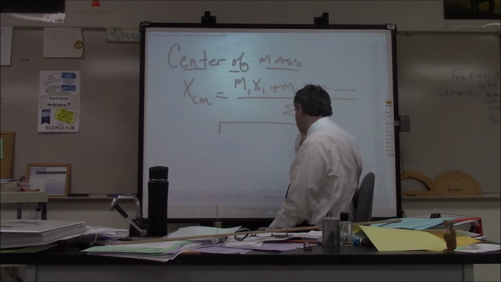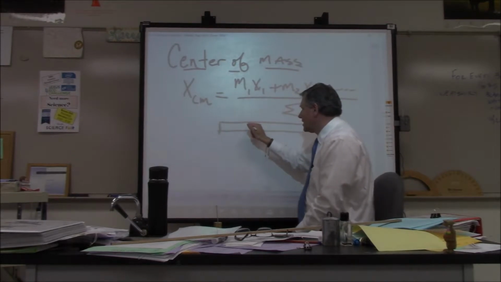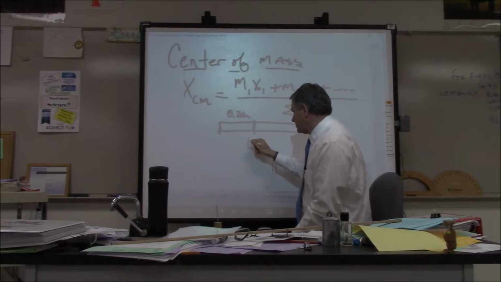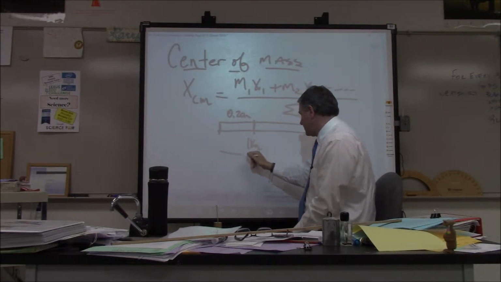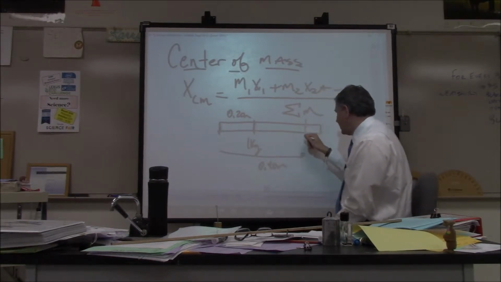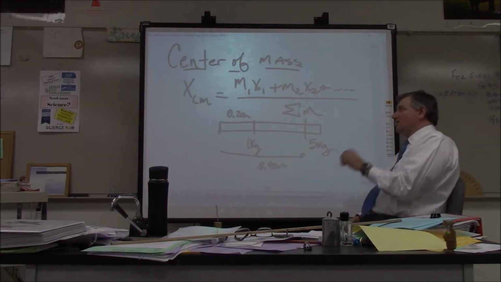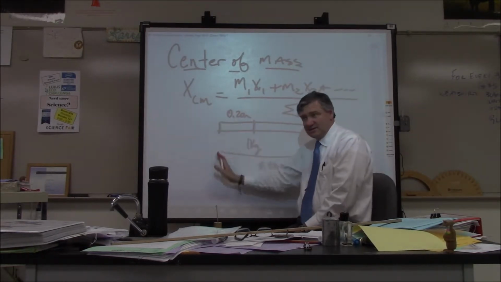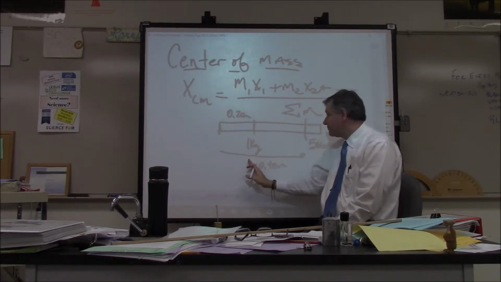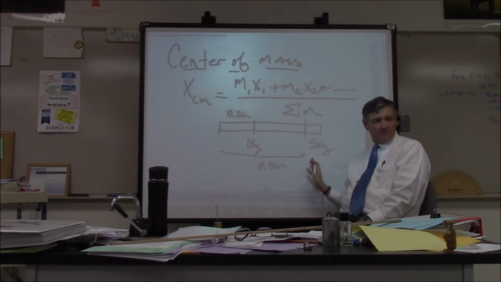Let's say I've got a rod of negligible mass. 0.2 meters from the end, I've got a 1 kilogram mass sitting here. Out here, I've got a 5 kilogram mass that's 0.4 meters from the end.